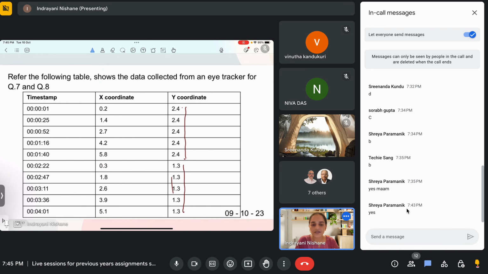A saccade is a continuous movement, so this is one saccade and this can be another saccade, because one coordinate is fixed and our eye is moving across. Which was the long saccade, and at what timestamp is it getting started?